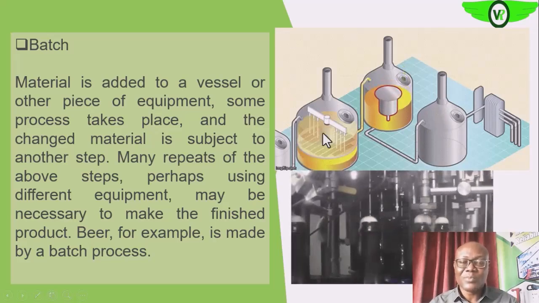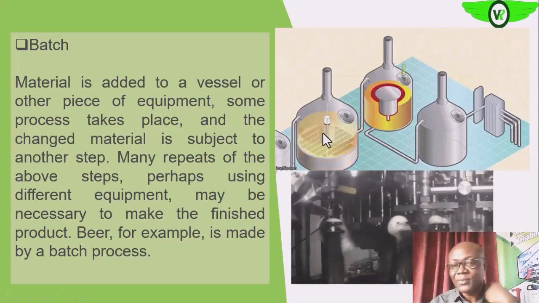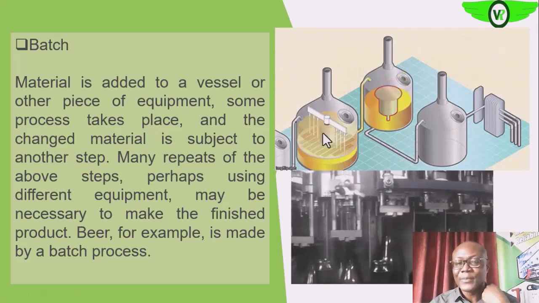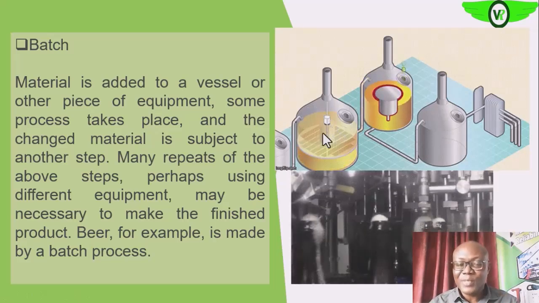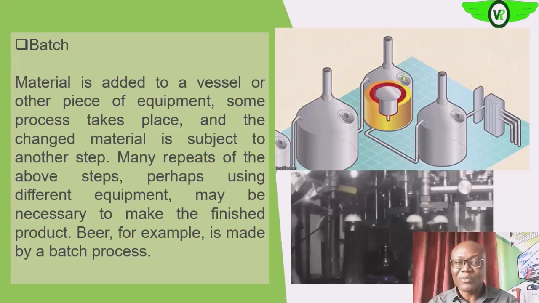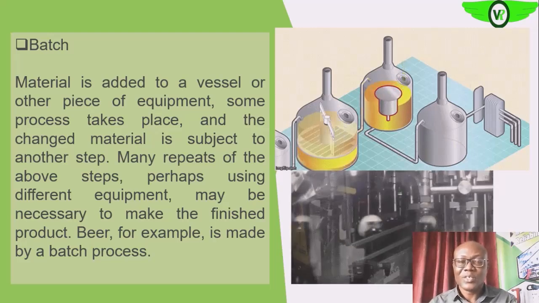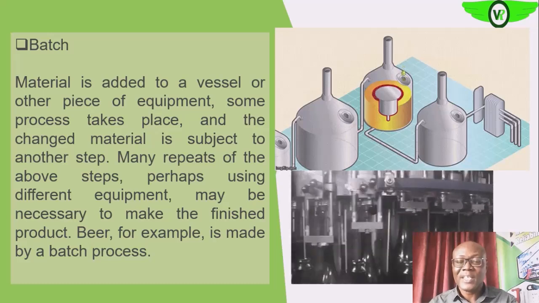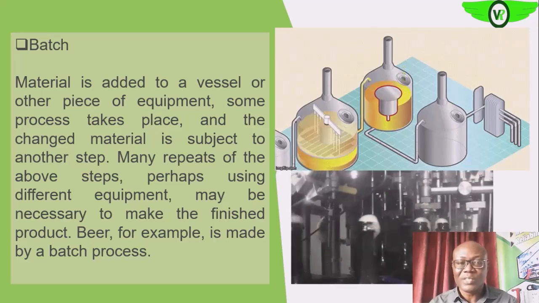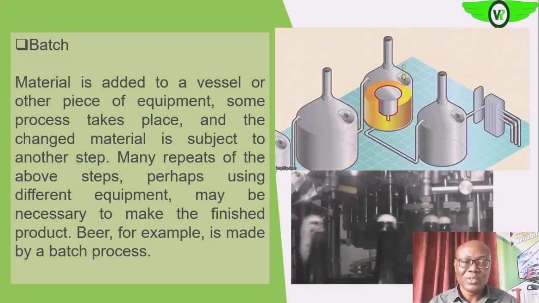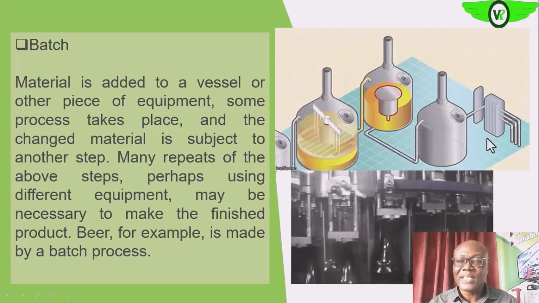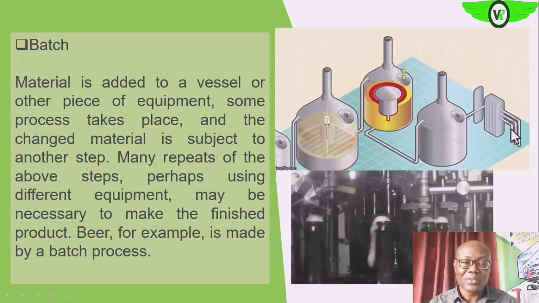Okay, so you see that the process is going on in batches, and we expect that a specific product should come out from each batch, and then they are sent to another batch subjected to a different condition until we finally get our product out.